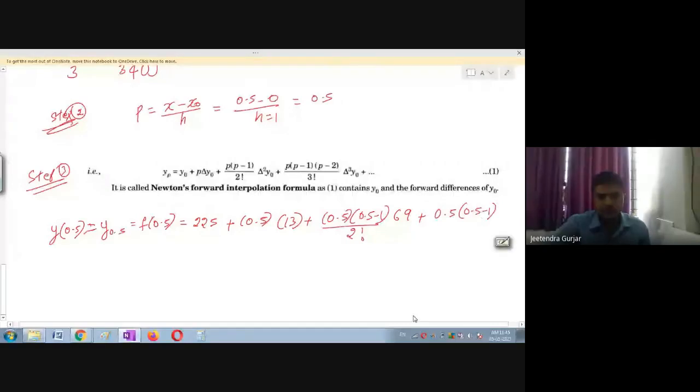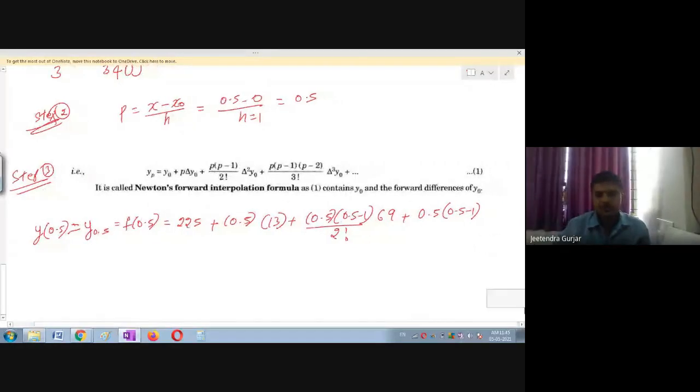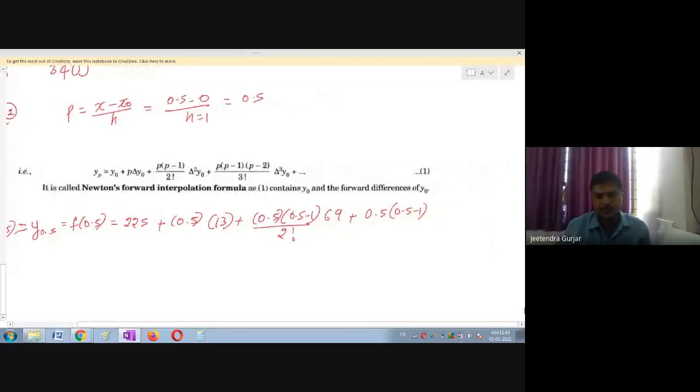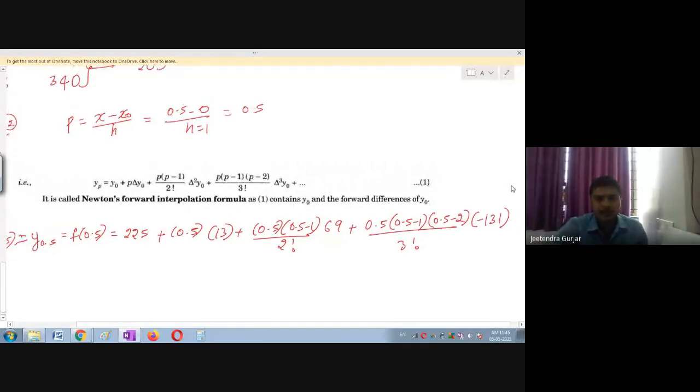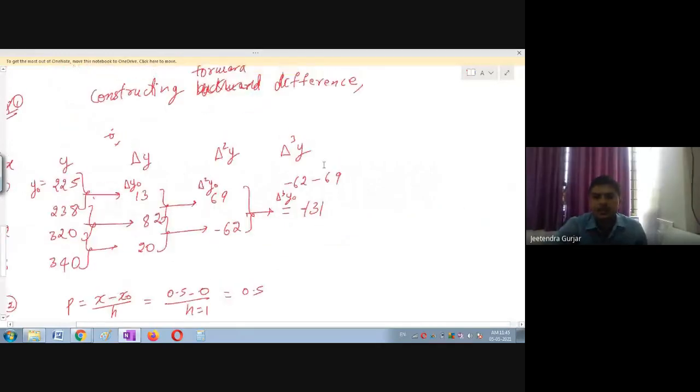So you should be fast, you can calculate very easily. Your calculator makes it very easy. So 0.5 minus 2 divided by 3 factorial, and delta cube y naught, I think you have got here minus 131, and so on. You cannot go further. You can see delta cube y we get, delta 4 we don't have. So we'll stop here.